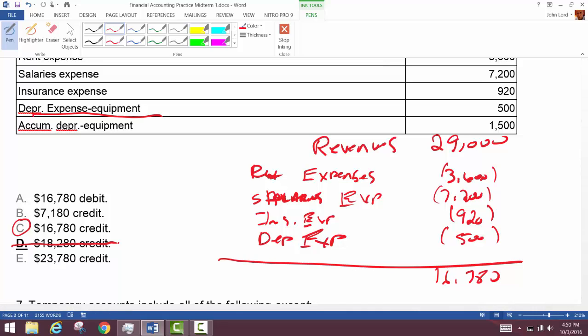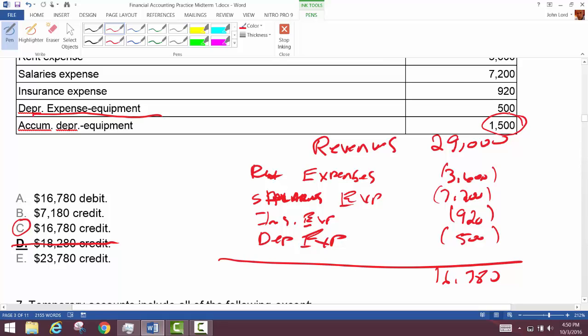I don't know what whoever did this question was thinking. They wanted to close accumulated depreciation. You don't close that account. Accumulated depreciation is carried forward on the balance sheet. It's a contra asset account, isn't it? You do not close accumulated depreciation, so there would be no closing to accumulated depreciation. What would happen if the accumulated depreciation started the year with 1,500?